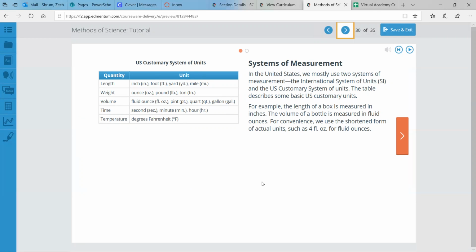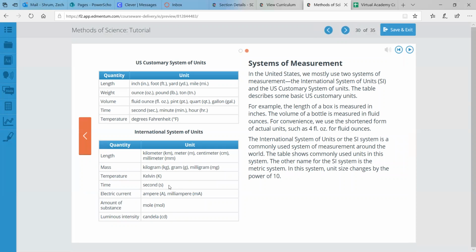And this is known as a system of units. The US has one set, and most of the rest of the world uses a different set. I think I prefer the international one. It's just a little easier to think about because everything is based on the power of 10. Where in the US it's kind of weird.